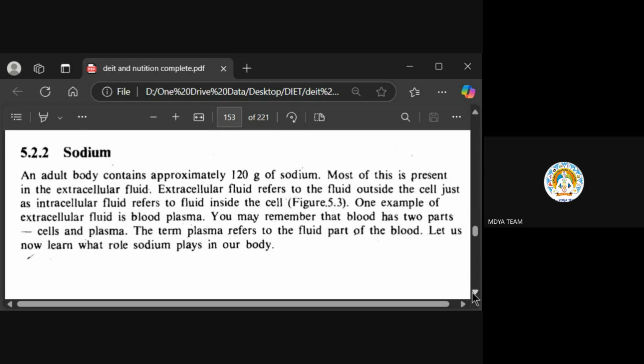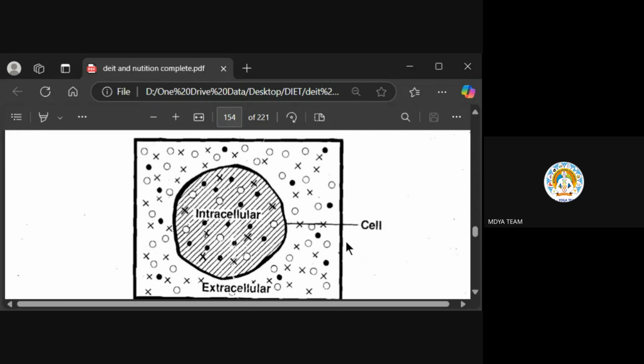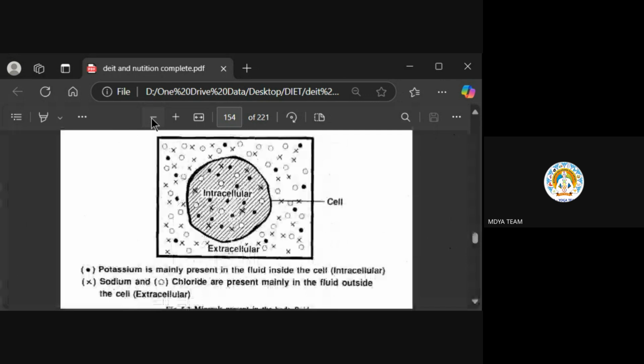So sodium plays a very important role there. Like this is the cell. The liquid which is inside the cell is known as the intracellular, and the liquid outside is the extracellular, like this. So the black dots are the potassium, the cross ones are the sodium, and the circle ones are the chloride.